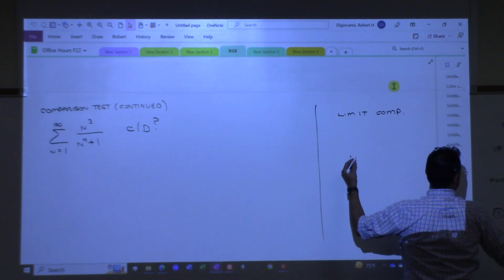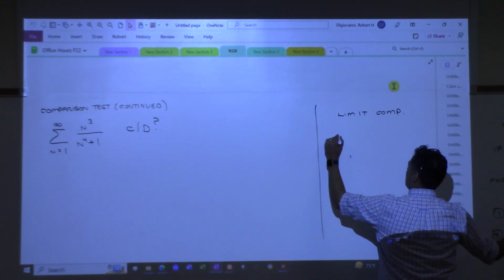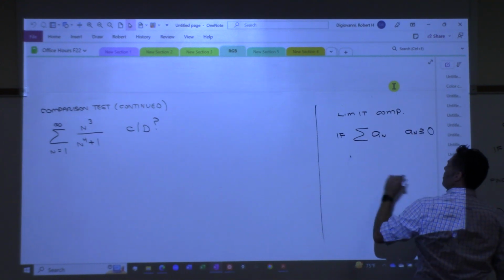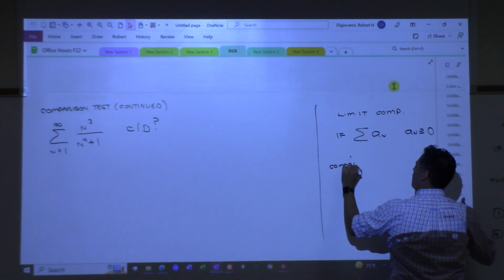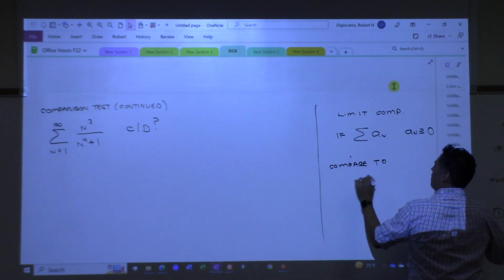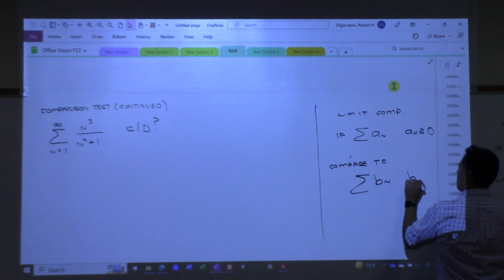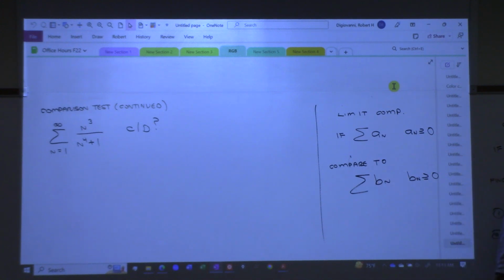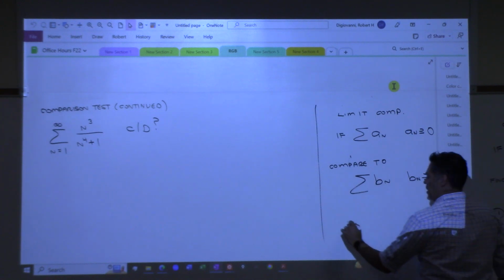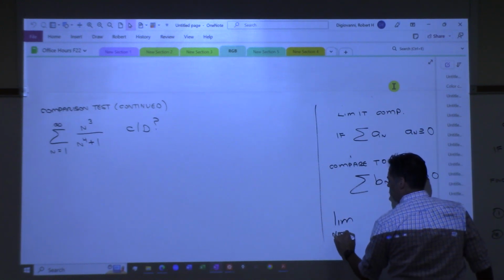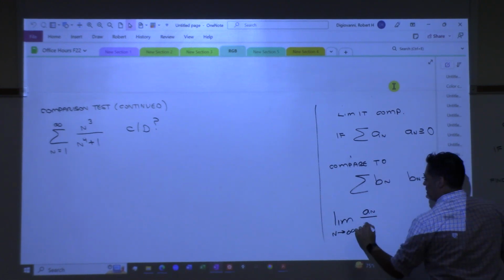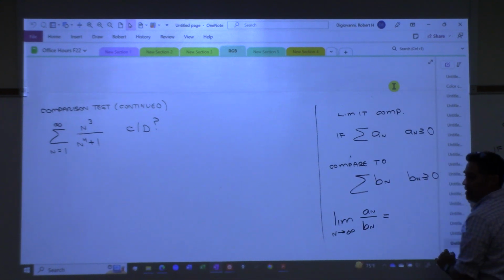So it says if you're given some series with positive terms, you compare it to something you come up with, as long as it has positive or non-negative terms. This is where we did the inequality, right? With the limit comparison, you don't do the inequality. Here's what you do instead. You take the limit as n goes to infinity of a sub n, which is that sequence, divided by this sequence, b sub n, and you see if you can get an answer from this.